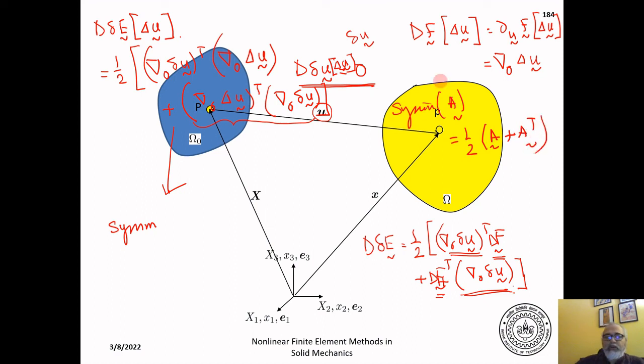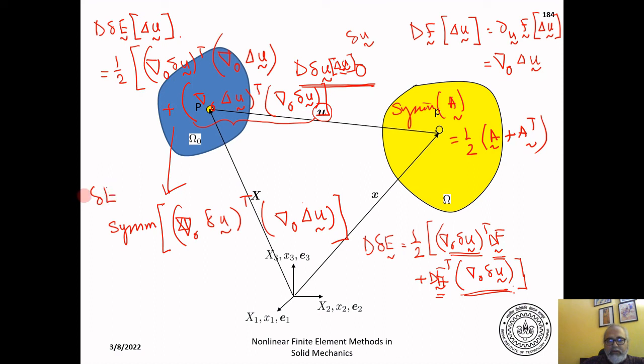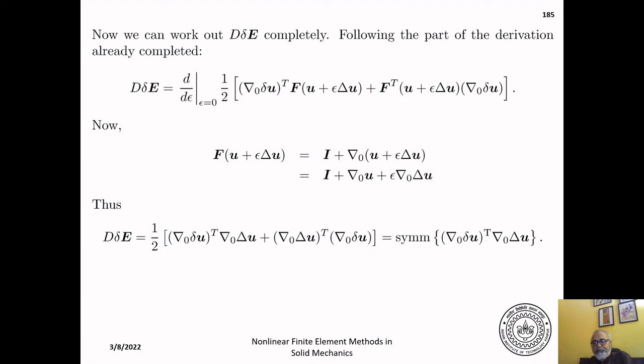So this is the symmetric part of this tensor. This is your directional derivative of delta E in the direction of triangle U. This is what we have, and those steps are given here.